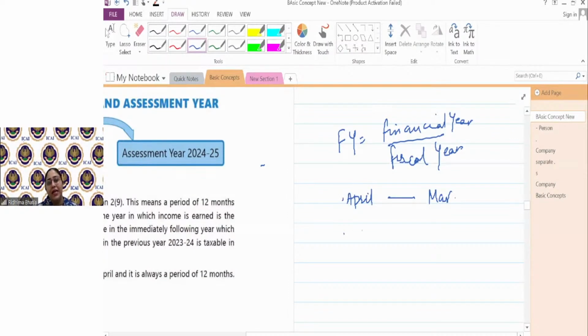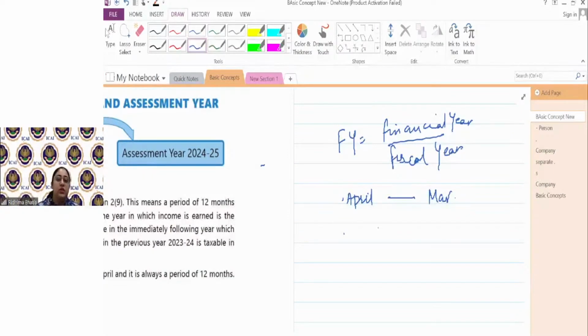Then I think the US has it from July to June or June to May. I'm not sure. But most of the countries have a calendar year. Most of the countries have a different type of year which suits whatever their constitution or their time has set.